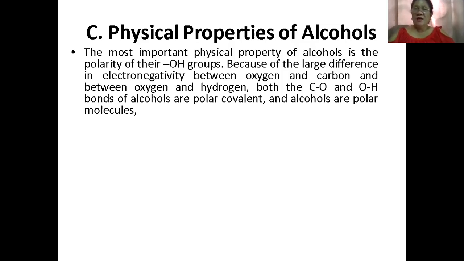Here, your oxygen and carbon, and at the same time oxygen and hydrogen, both the C-O and the O-H bonds are considered polar covalent, because they could form a hydrogen bond.